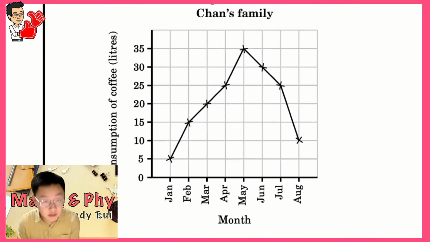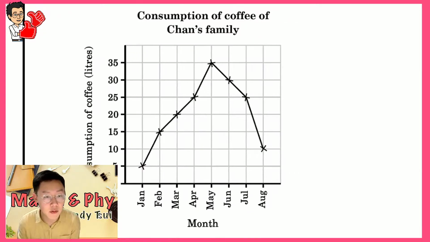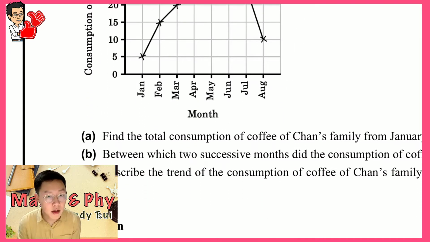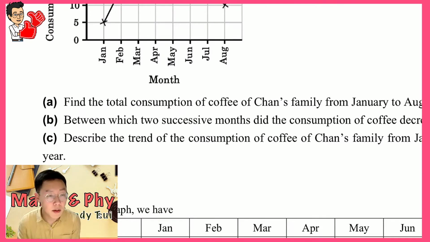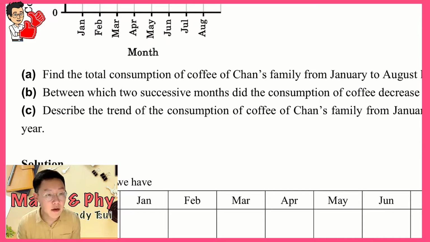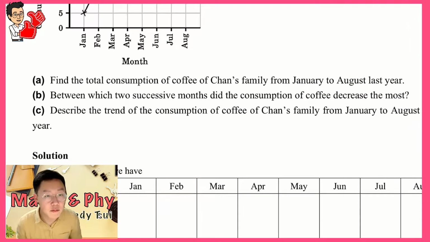So here you can see this one. This is the broken line graph, and I want you to look at part A. Part A asks you to find the total consumption of coffee of Chen's family from January to August last year.